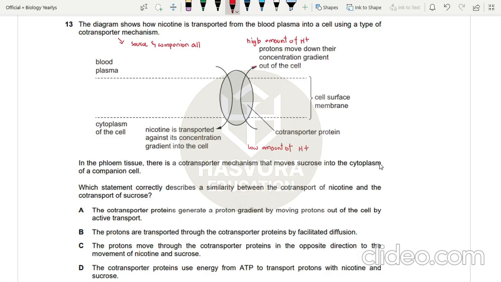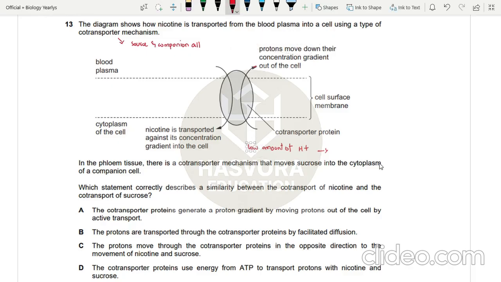Now, the nicotine is transported against its concentration gradient. So the H plus ions will first move against their concentration gradient, and then when they become abundant, sorry, I have written it opposite. Let me just correct it.